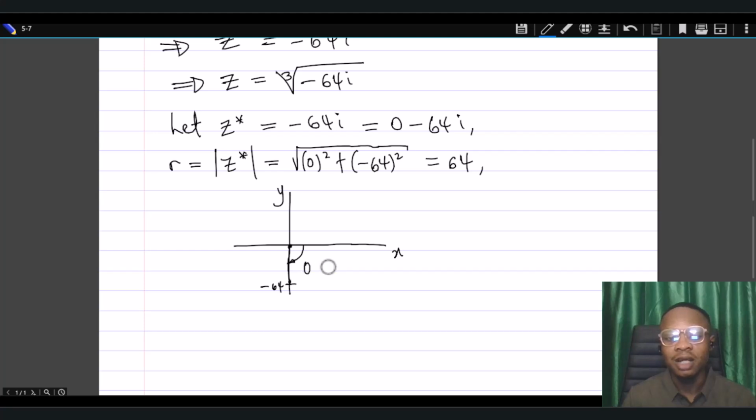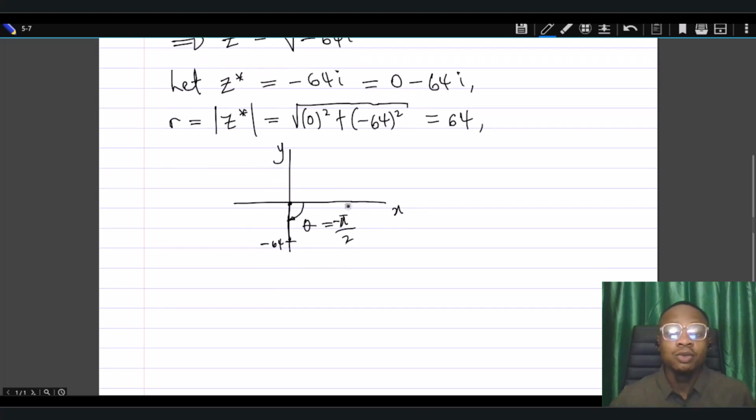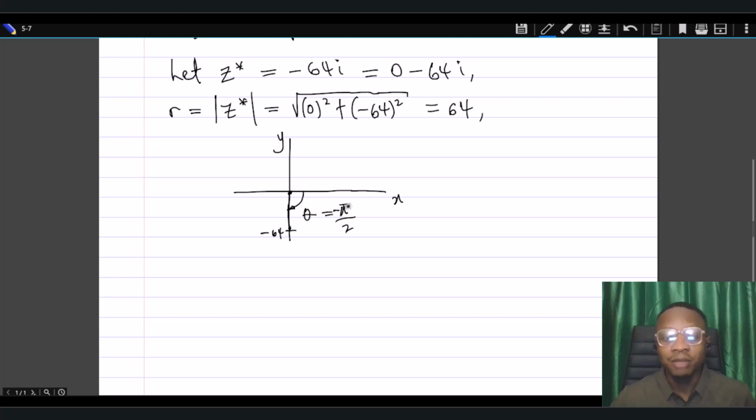So our theta is 90 degrees, which is pi over 2, negative this time around because it is clockwise from the positive x-axis. So we have the modulus and argument of z star. That is to say, the argument of z star, which we are denoting as theta here, is equal to minus pi over 2. Of course, our calculator could have provided this information for us directly.